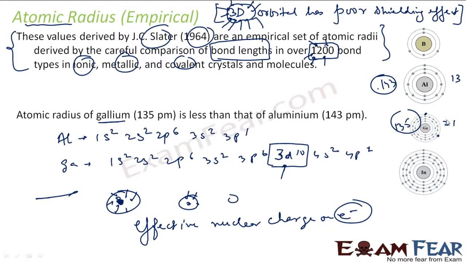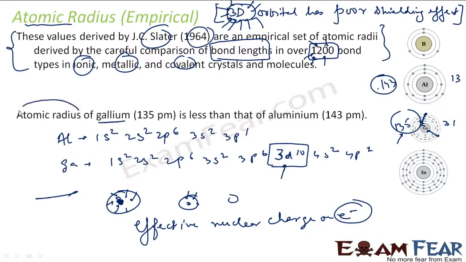So because of the poor shielding effect of 3d, the new electrons here experience more nuclear charge and want to come closer to the nucleus. The effective nuclear charge is more on this electron, and thus it shrinks, the size decreases, and thus the size of gallium is less than aluminium.